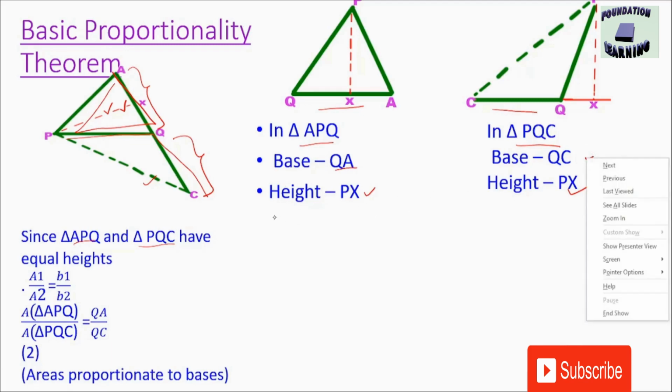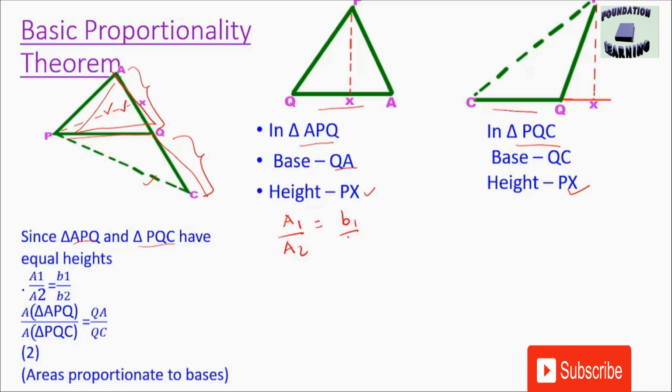So the height is PX. So here again you have A1 upon A2 is equal to B1 upon B2. What is A1? A1 is the area of triangle APQ, upon the area of the second triangle, which is triangle PQC.